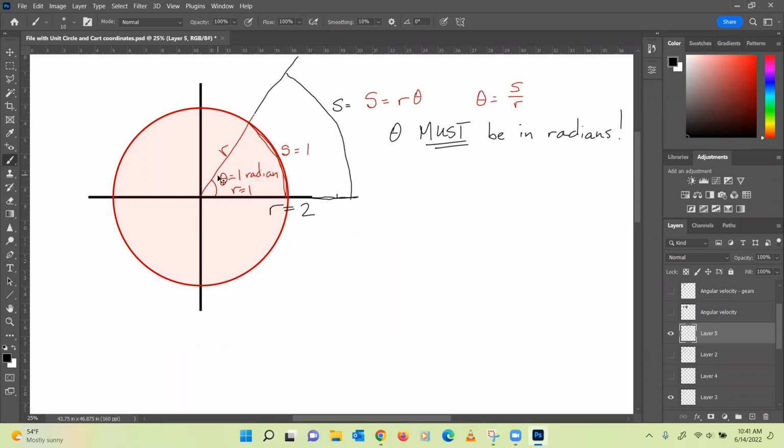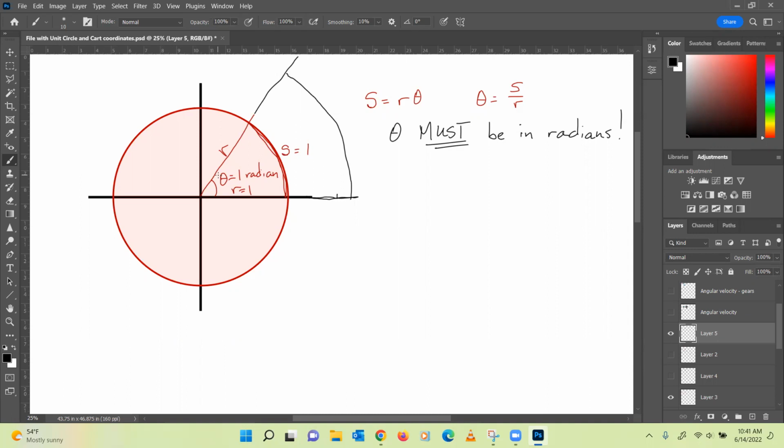So the size of the circle will affect the length of the arc that's on the outside edge when you are turning through an angle of 1 radian. Another way this can really help us is when we are looking at angular velocity or angular speed.